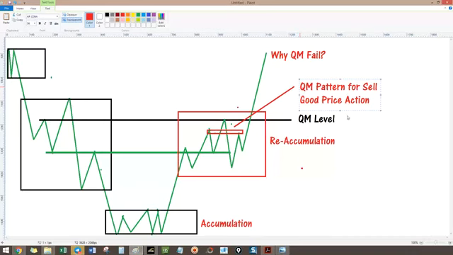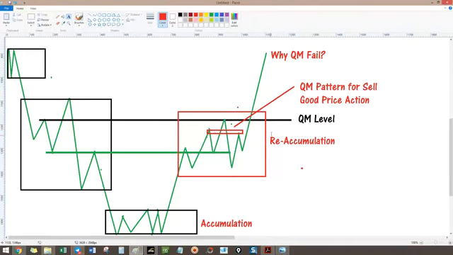But why fail? Because this is a reaccumulation phase, which is a place for buy. It's a buy setup. If you do not understand the structure, you will fail trading QM.